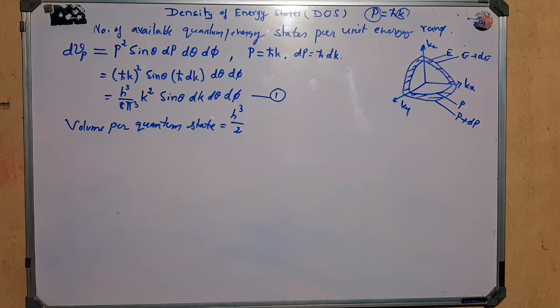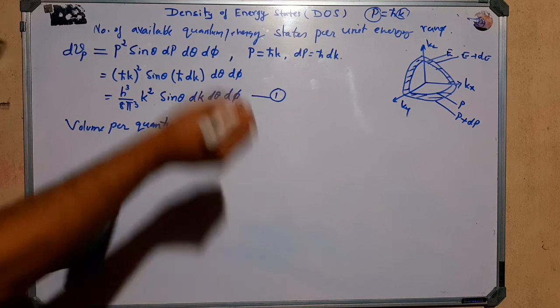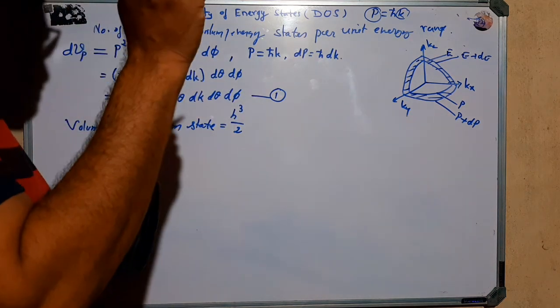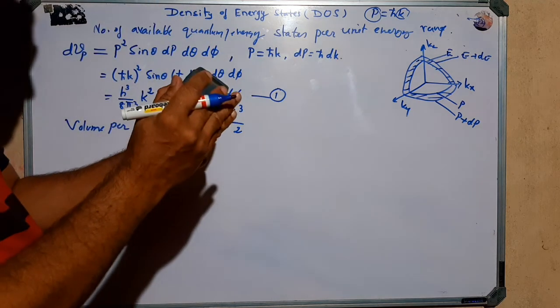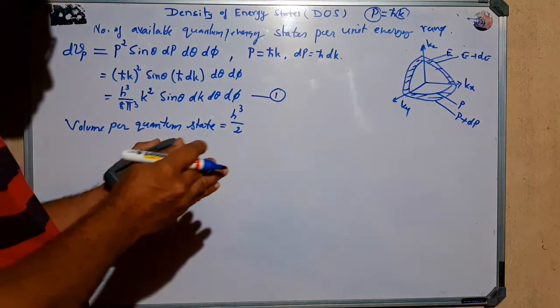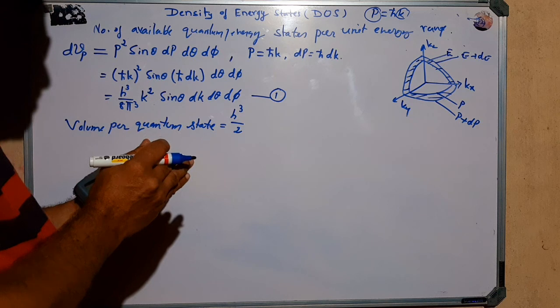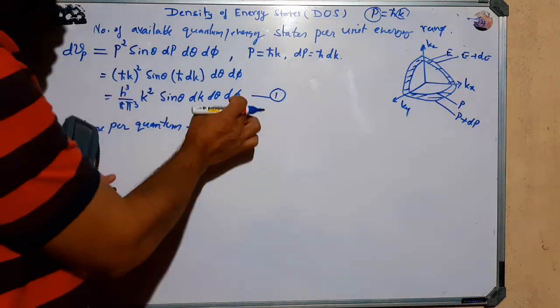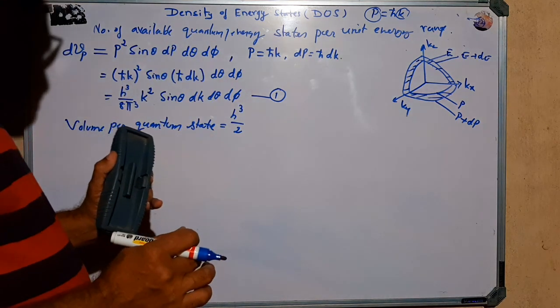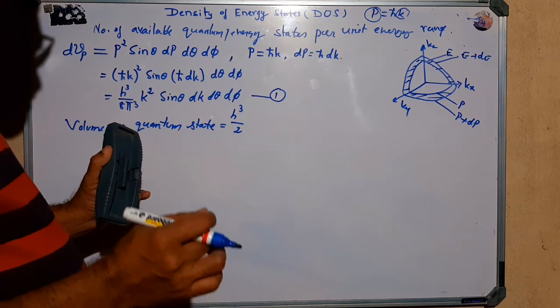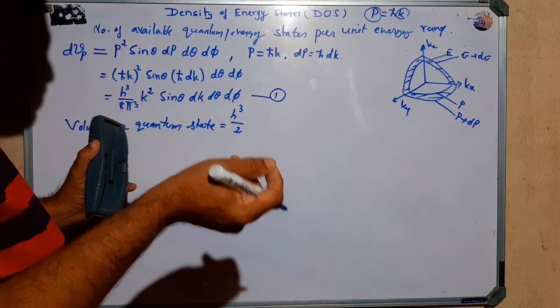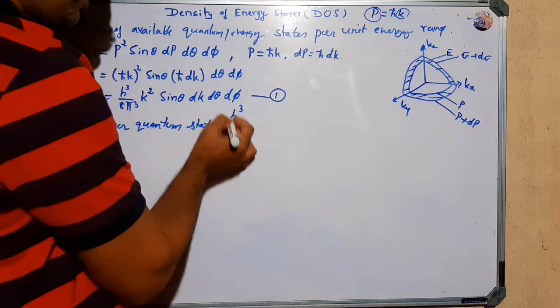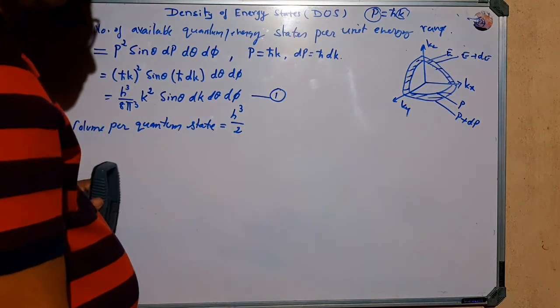In the previous diagram, I showed one dot that represents the quantum state. It is the chair you have reserved for the occupation of an electron. Then the volume of that chair is h cube by 2.